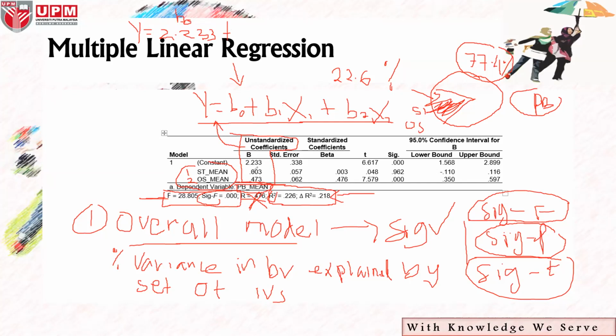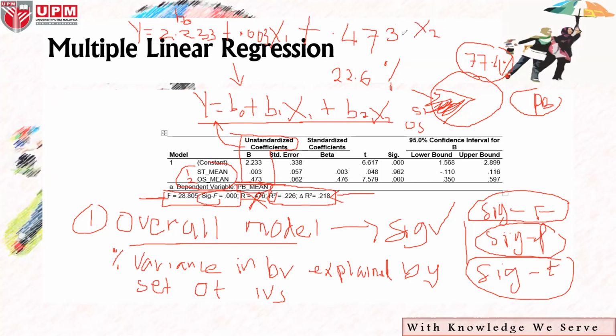B1 X1. So the B1 is social trust, which is 0.003 X1 plus 0.473 X2.